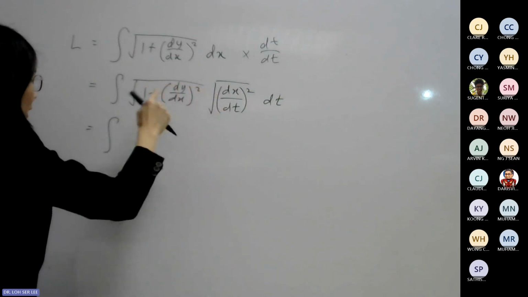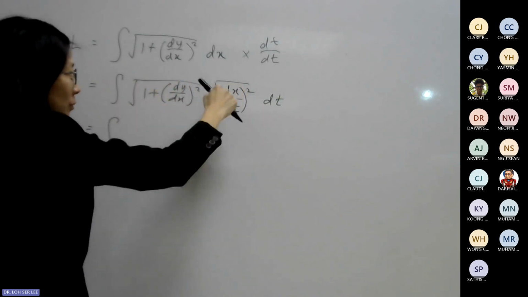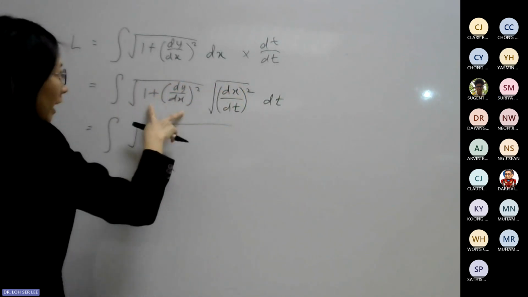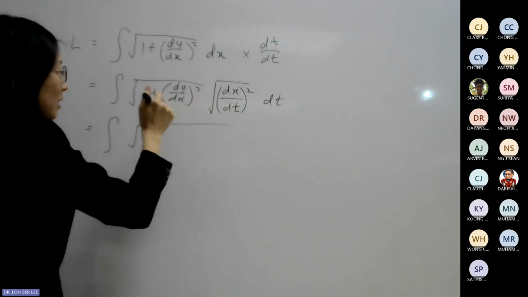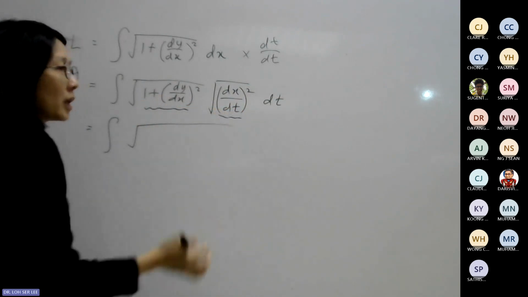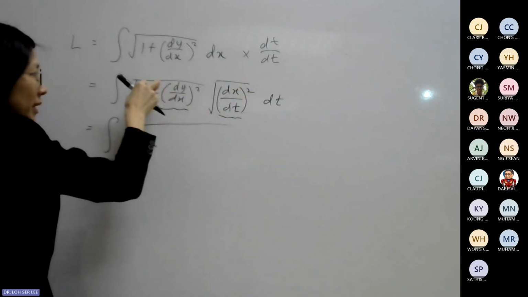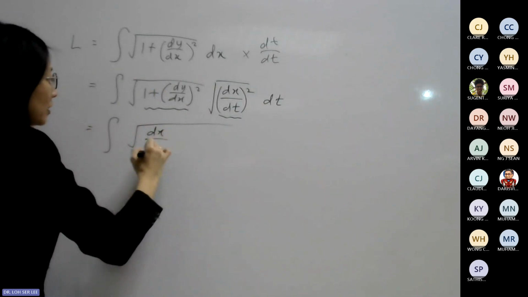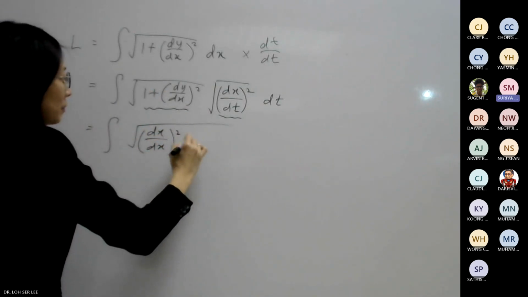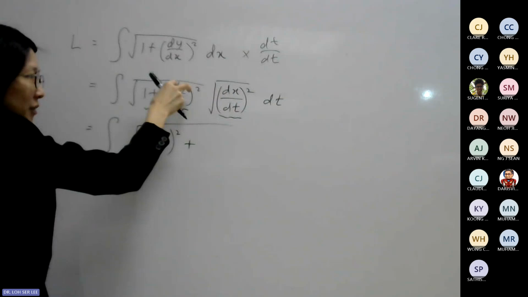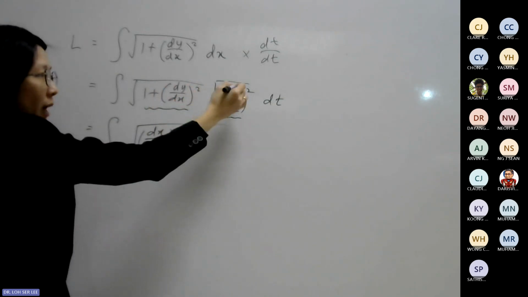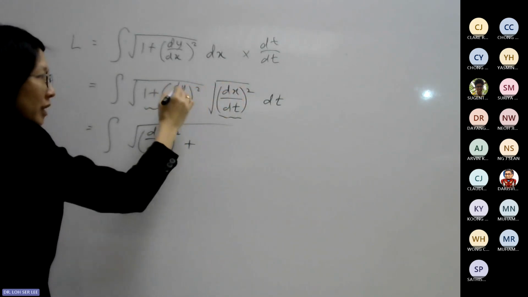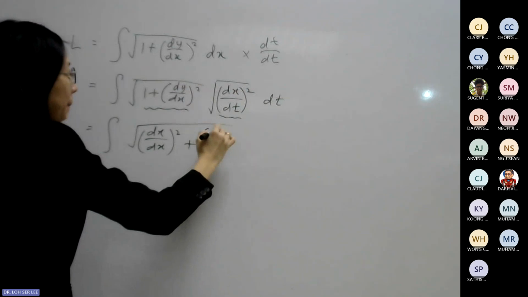Next, square root of A times square root of B equals square root of A times B. This is your A, this is your B. So this one multiplied to 1 you have this, plus this one multiplied to this, you can cancel the dx squared. Then you have dy over dt squared.